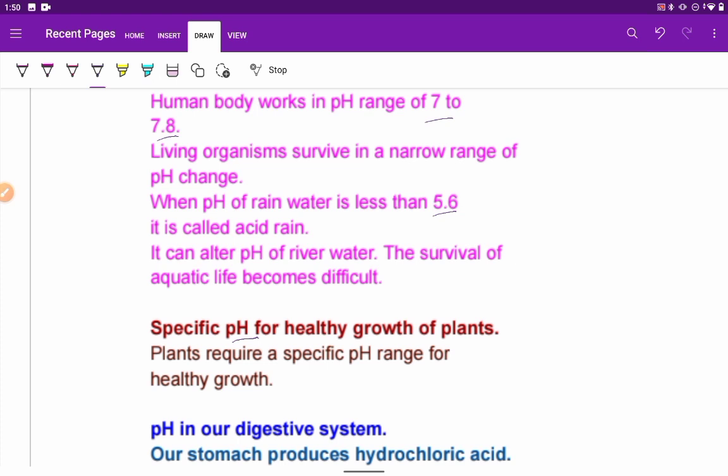And then if required, we should try to alter the pH as per the requirement of the crop or the plant we are determined to grow. That will definitely ensure healthy growth of the plants.